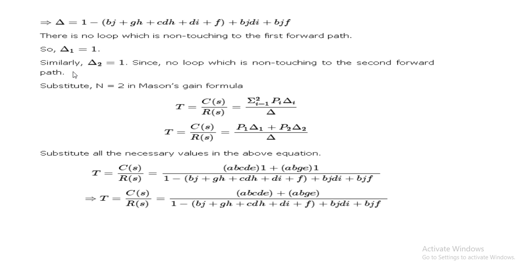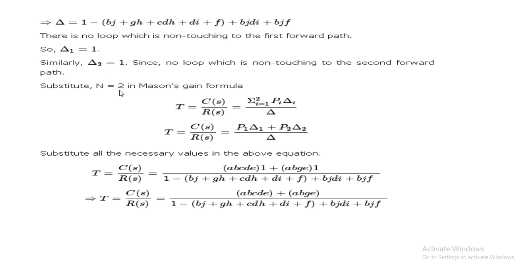Similarly, delta 2 will also be 1, because there is no loop which is non-touching to the second forward path. In this example there is no such loop. This is a very important thing that you have to see.